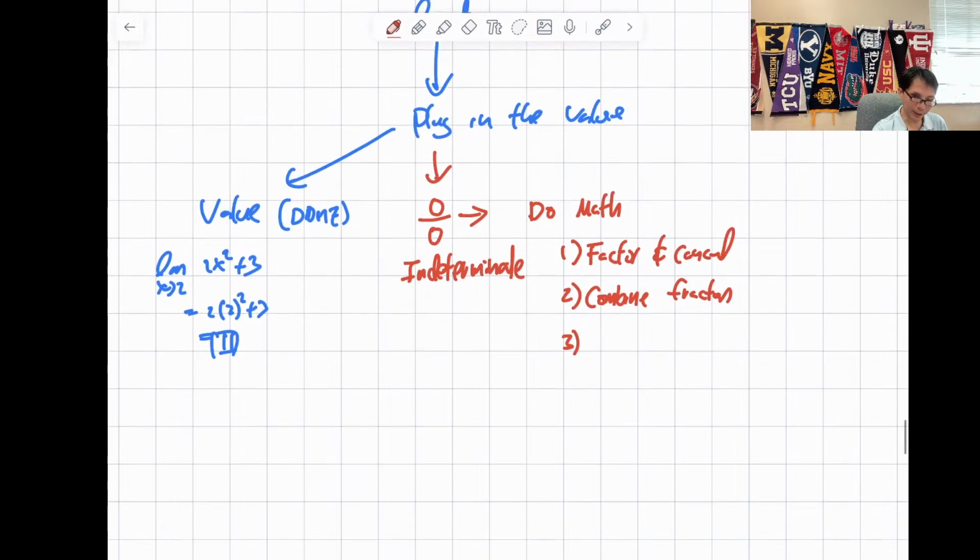Third thing is conjugate, which we had to do for the other one when it's a radical. The fourth one is the absolute value. You have to do a piecewise function.